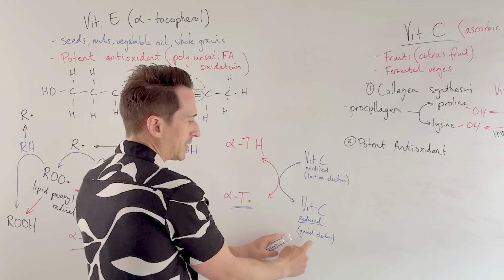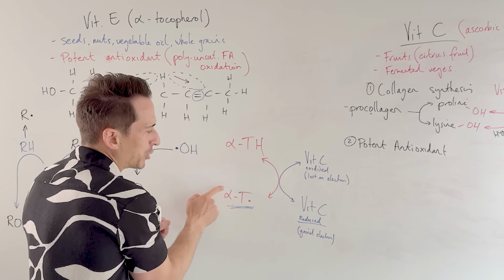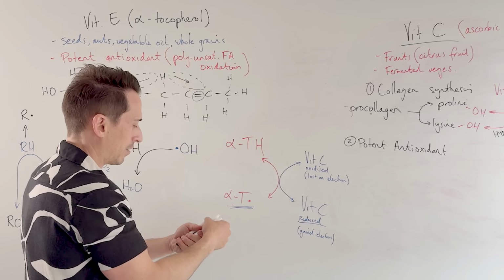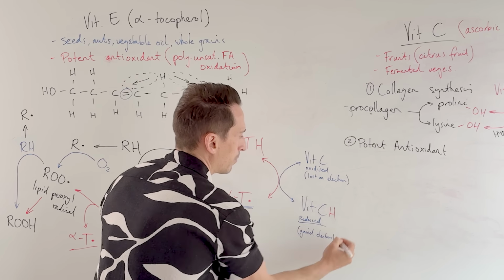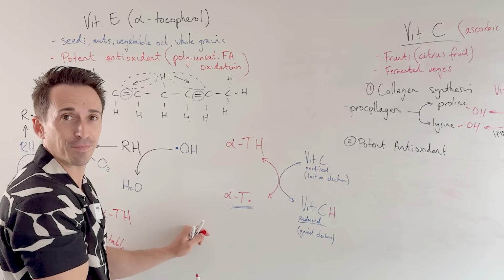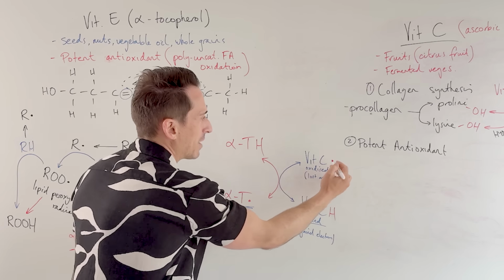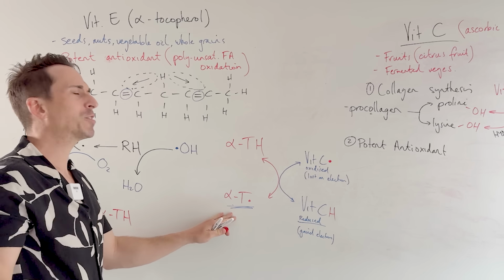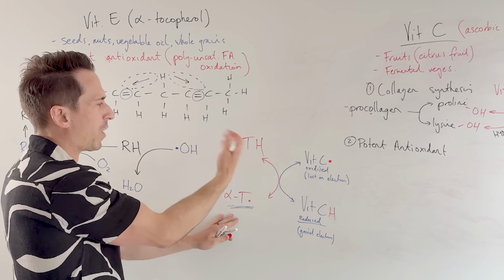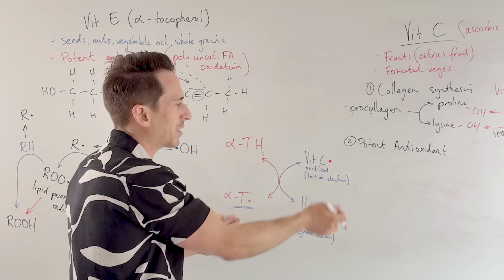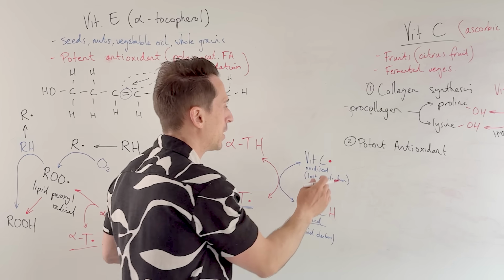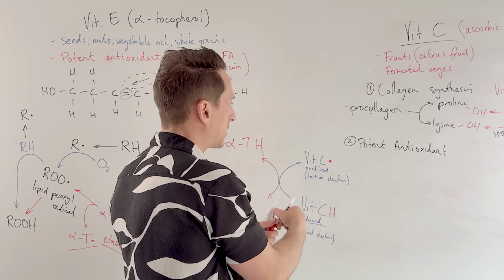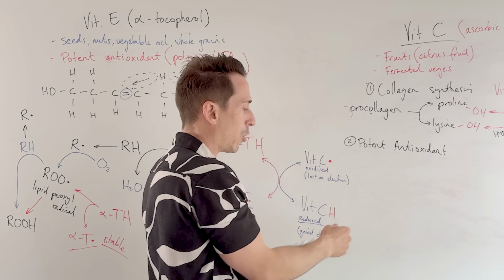So what happens is, vitamin C can regenerate vitamin E by handing it a hydrogen, and then that becomes an oxidized version. And you might be thinking, we're just passing the buck on. We're just making one thing a radical to make another thing a radical. So what can happen? Well, vitamin C basically can become whole again.